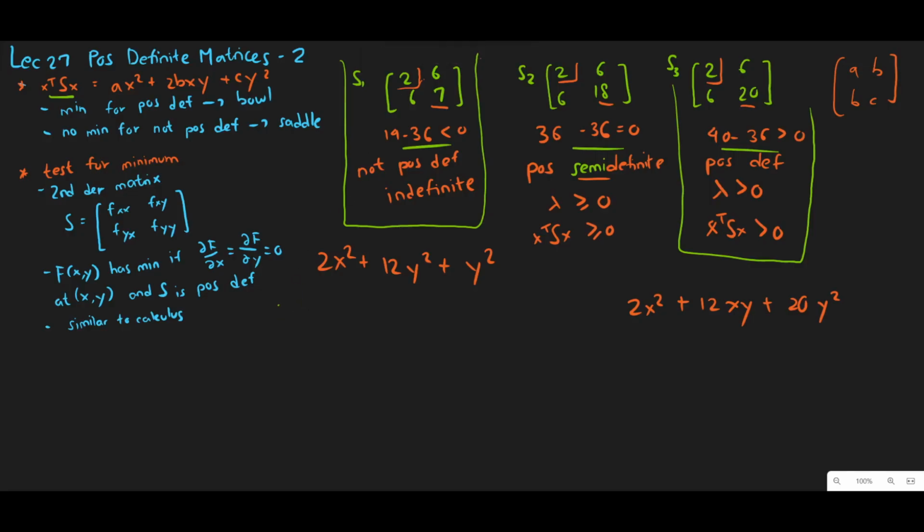If you plug in the point 1, minus 1 here, this one should be xy, please forgive my silly error, we have this minus 12, and this one has 7y squared, and this clearly will be a negative number: minus 12 plus 9, while here we have 2 minus 12 plus 20, so it will always be positive.